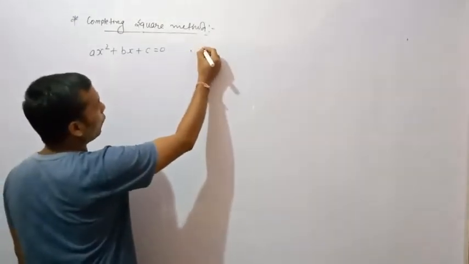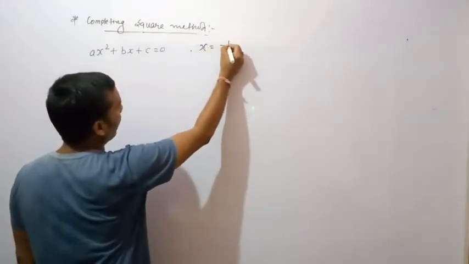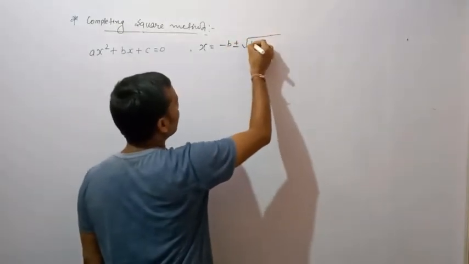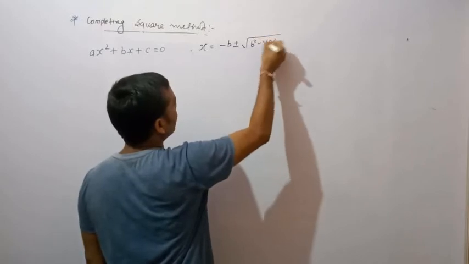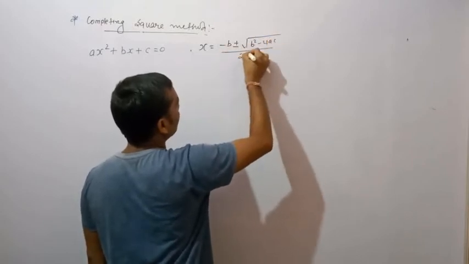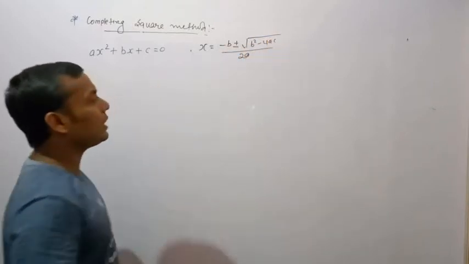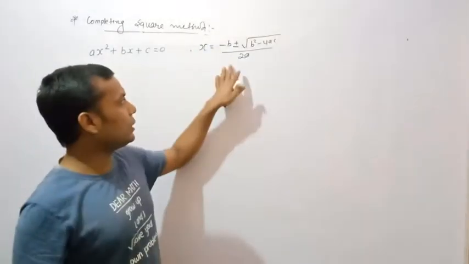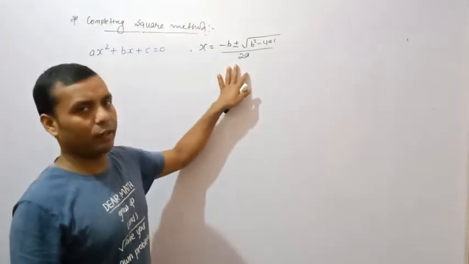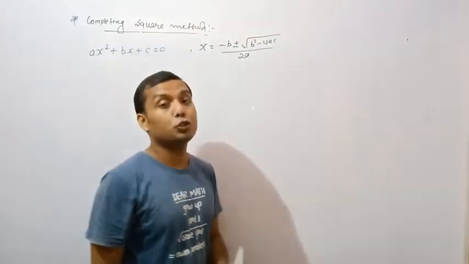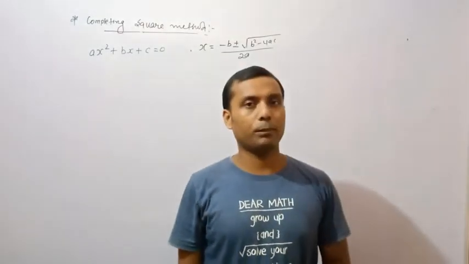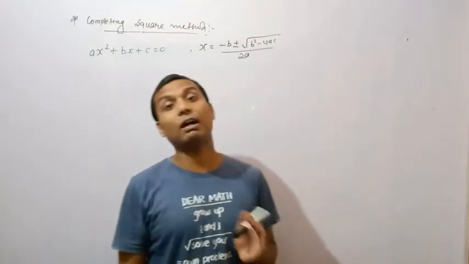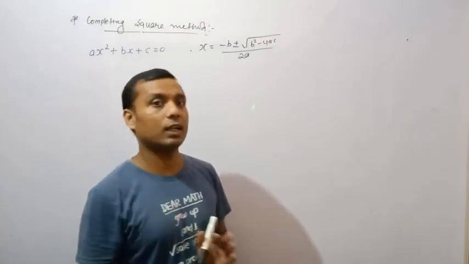For this we have obtained the value of x equal to plus minus root under b square minus 4ac by 2a. This is known as the quadratic formula as well as the Sridhar Acharya formula, because this formula has been derived by Mr. Sridhar Acharya.